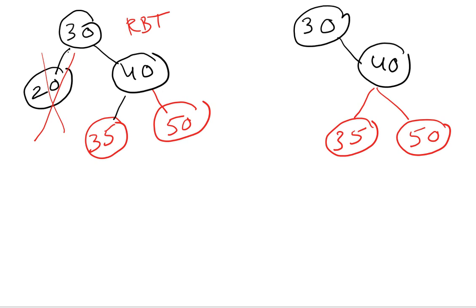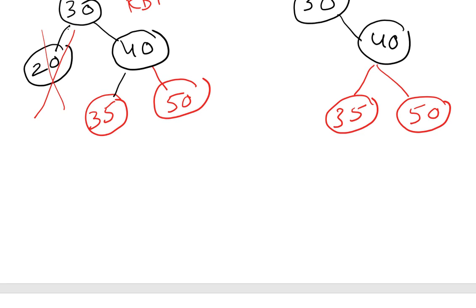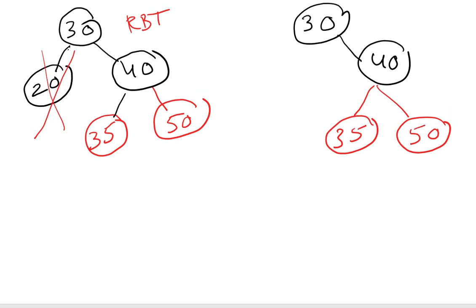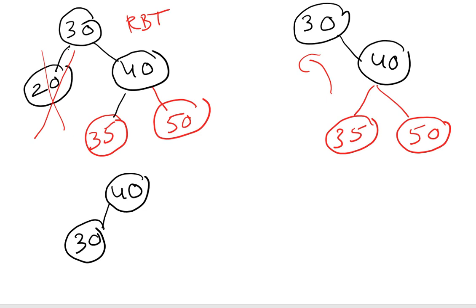So to balance, what do we need to do again here? We need to perform rotations. I will perform the rotation like this. At that time what will happen? 40 will be the root, the left side will be 30, the right side will be what? 50.